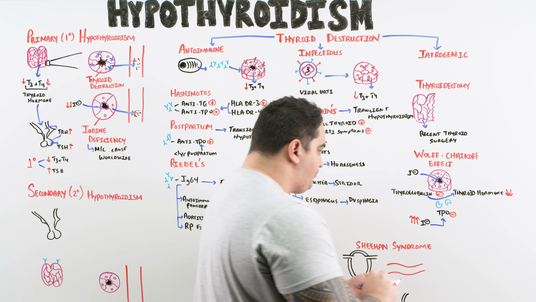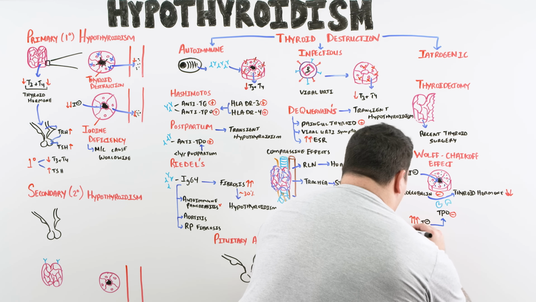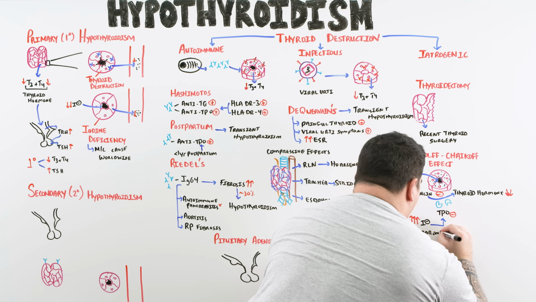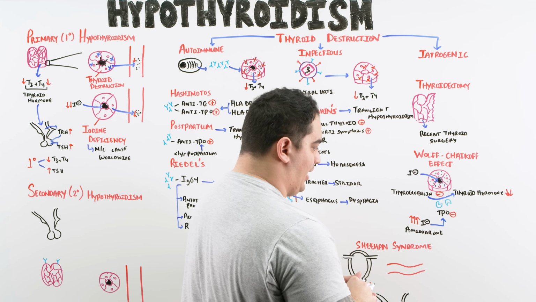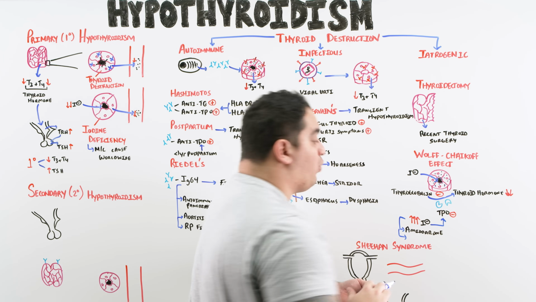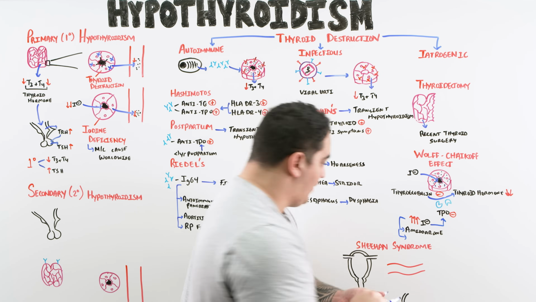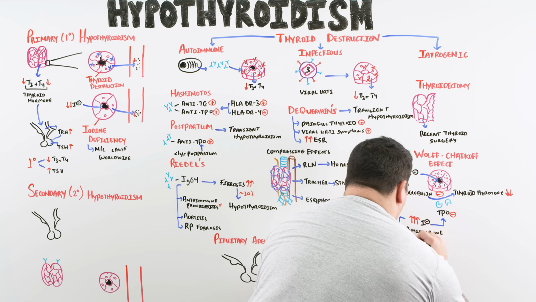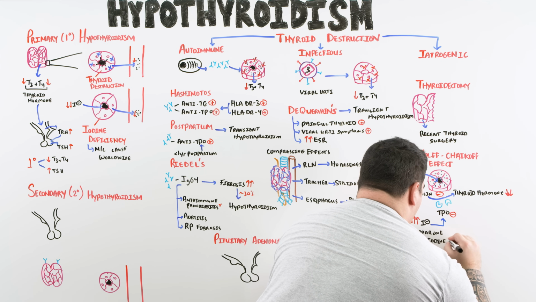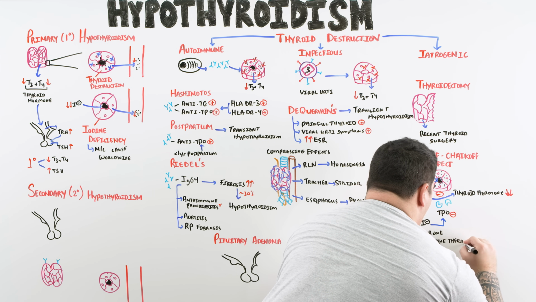Well, one reason is patients who take amiodarone long term. This is used in AFib, right? So chronic atrial fibrillation. That'd be one cause. Another one is radioiodine therapy. All right? Radioiodine therapy is another very common one.